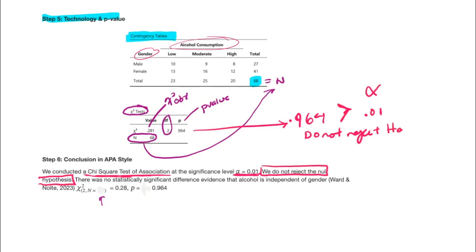Whenever we do not reject the null hypothesis, we all know that there was no statistically significant evidence. And that would be the next sentence. There was no statistically significant evidence that the alcohol is independent of gender.